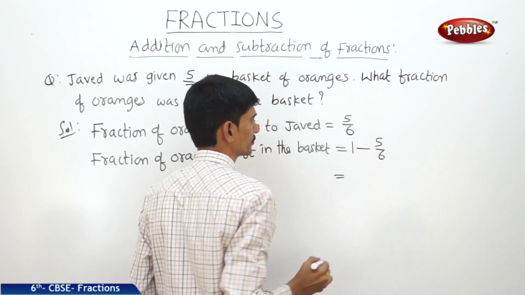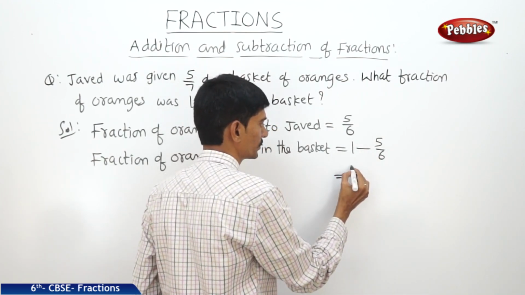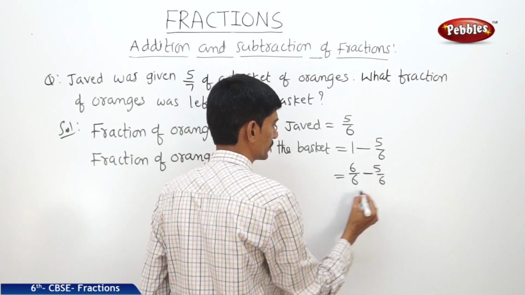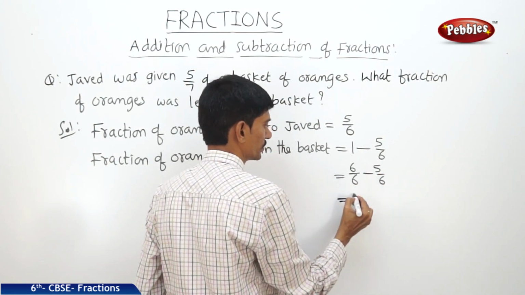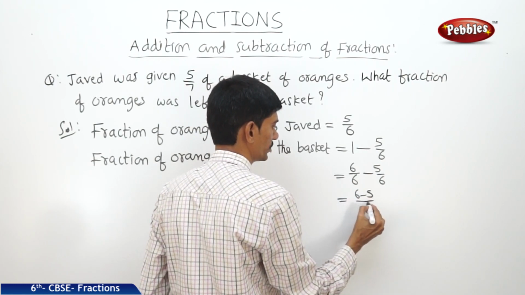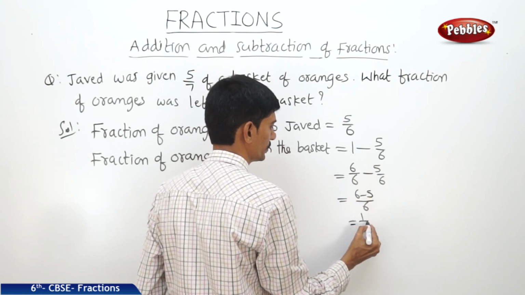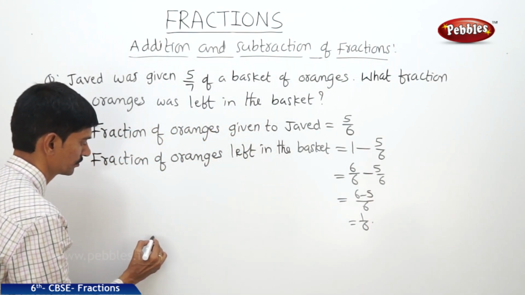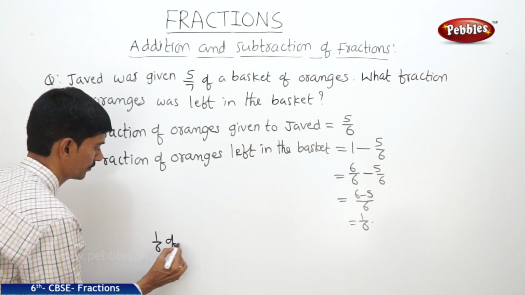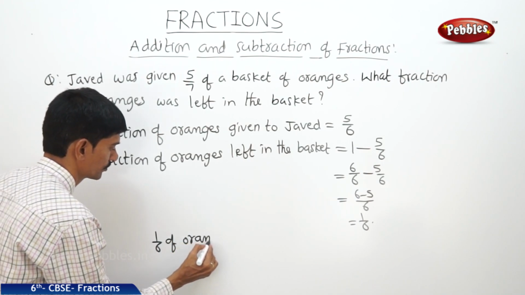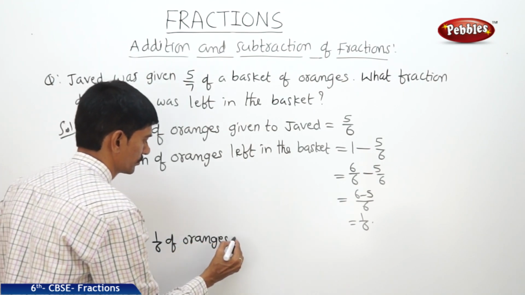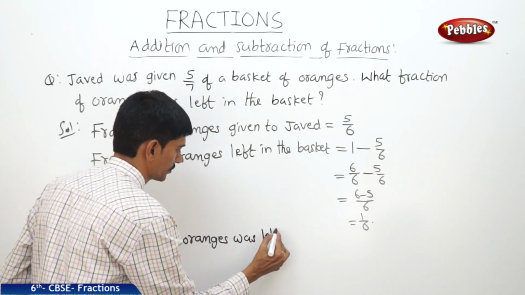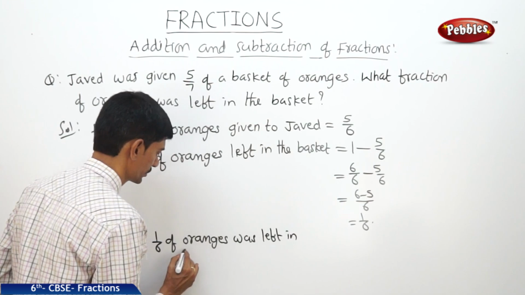So this equals 1 can be written as 6 by 6 minus 5 by 6. So this equals 6 minus 5 by 6. So this equals 1 by 6. Now 1 by 6 of oranges was left in the basket.